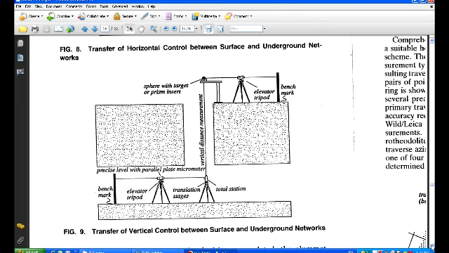Now, like any EDM distance, that would require the corrections for meteorological conditions and also the offset between the mechanical center, which would be where the telescope pivots, and the actual mechanical center of the sphere. But we could do this the same as we would with any EDM prism combination. So that provides us with the distance from the center of the sphere down to the center of the instrument.